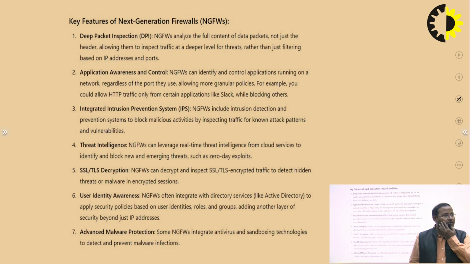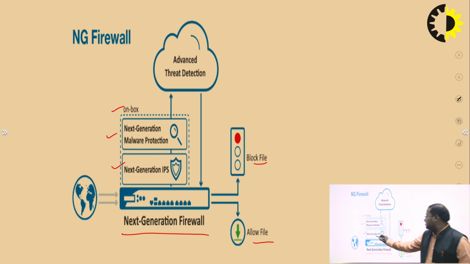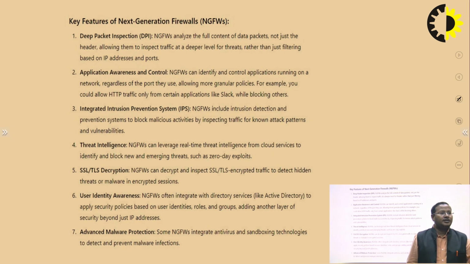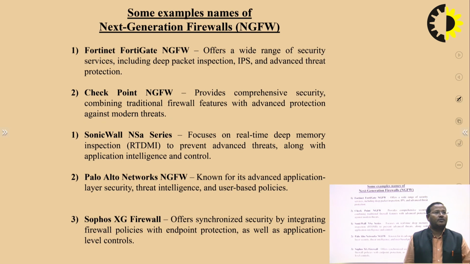The important features that an NGFW has are deep packet inspection, in short called DPI, application awareness and control, integrated intrusion prevention system, IPS, which is the next generation IPS, threat intelligence, SSL/TLS decryption, user identity awareness, and advanced malware protection. These are the key features of the firewall.